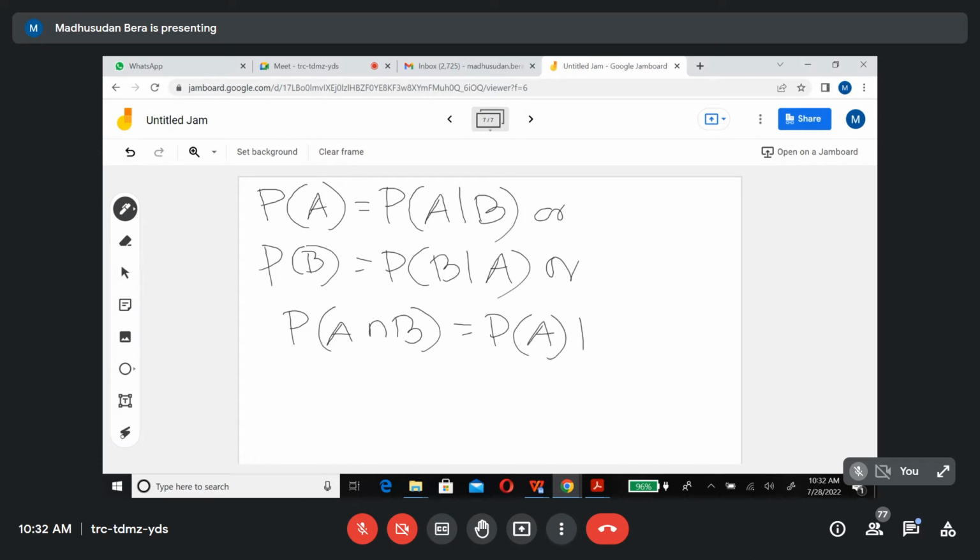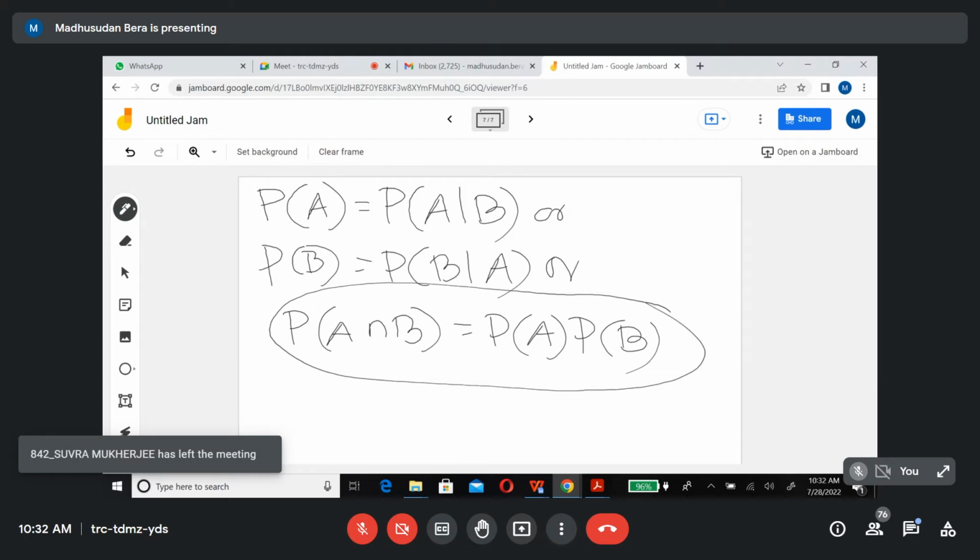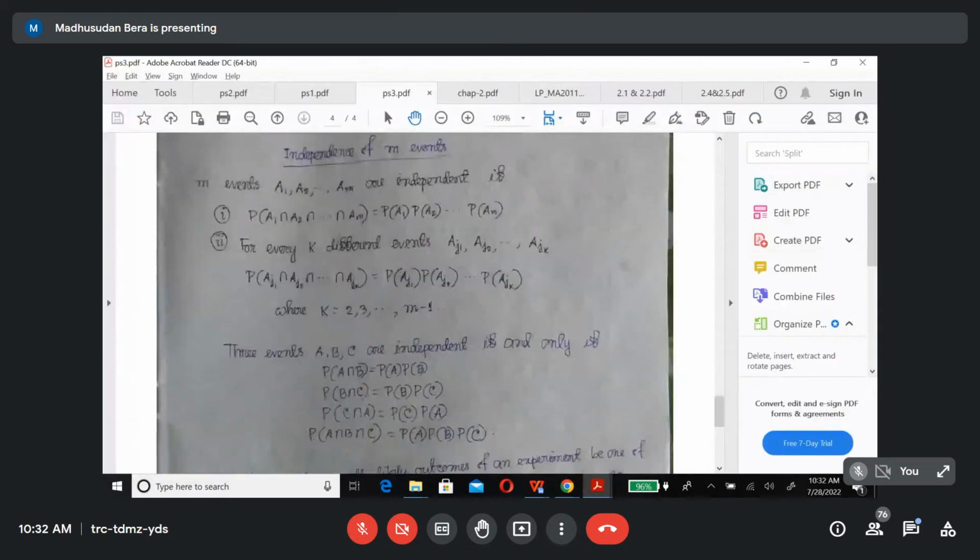Any one condition we can take as independence of two events. Generally, we will take this one. Okay. So we will give what is independence of n events.